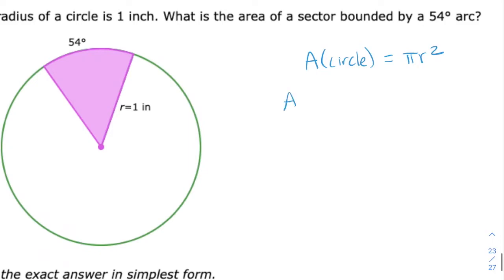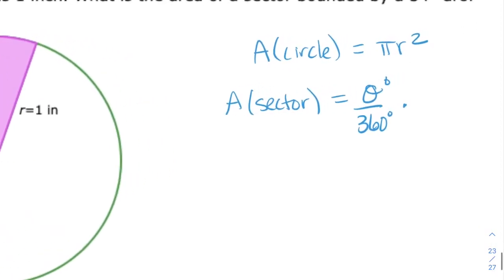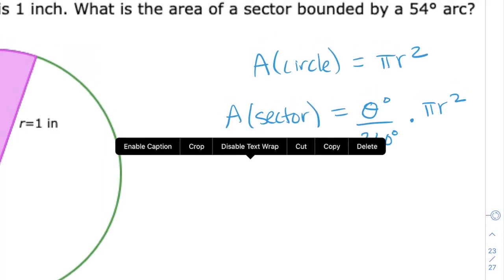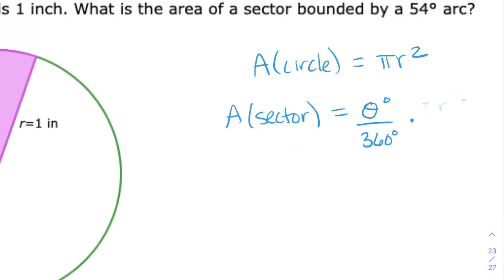Well, the area of a sector is theta degrees over 360 degrees times pi r squared. It's the area of your circle, but it's a portion of that area.